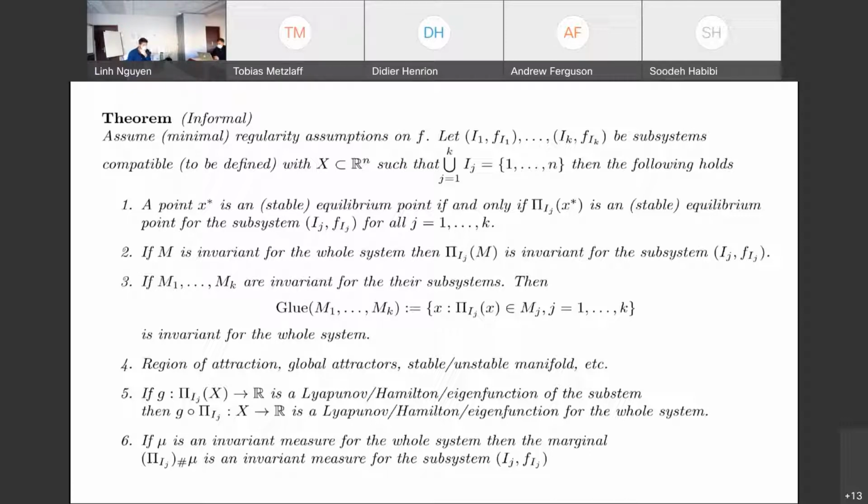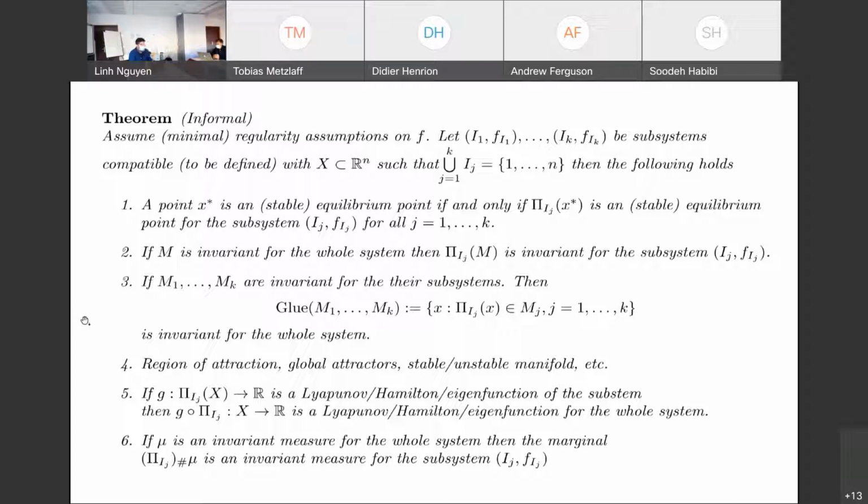Yes, this is something that is particularly important for applications when we try to approximate the object for the subsystems. Then it can happen that if the approximation is not precise enough, the glue really ends up empty.